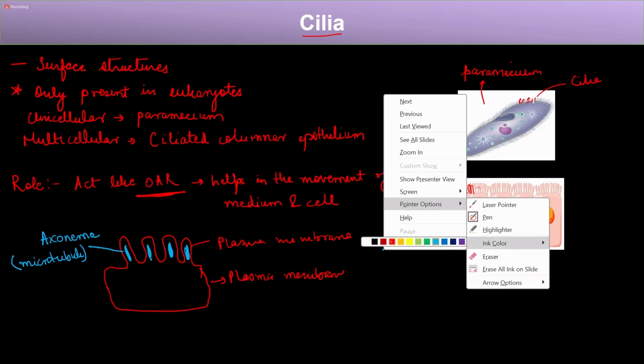Now, next, if we talk about another surface structure, that is flagella. We also studied flagella when we were studying prokaryotic cells, that it is also a surface structure, but it is present in both prokaryotes and eukaryotes. But there are certain differences between the flagella present in prokaryotes and in eukaryotes.